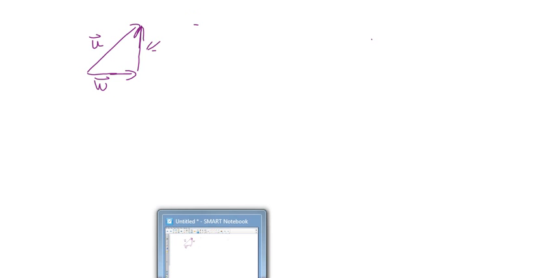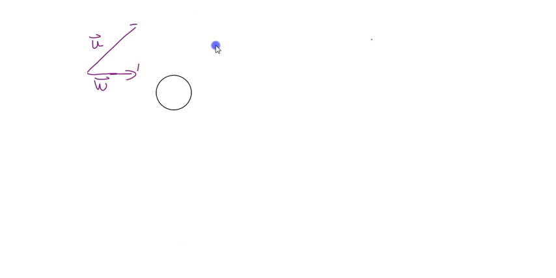So let us say that this is vector u, and that this is vector w. Okay, we got vector u, we got vector w, and we got this vector, which I am drawing this way.